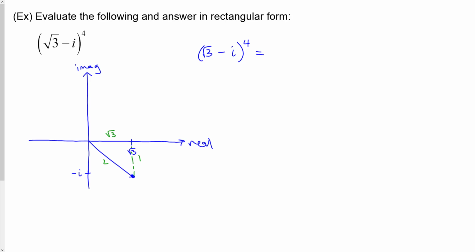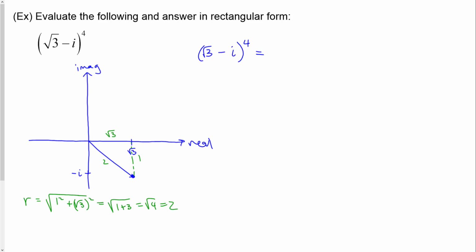So the radius being 2, the radius is the square root of x squared plus y squared. So this would be the square root of 1 plus 3, which is 4. So the square root of 4 is 2. So the radius is 2. That's what I was showing.